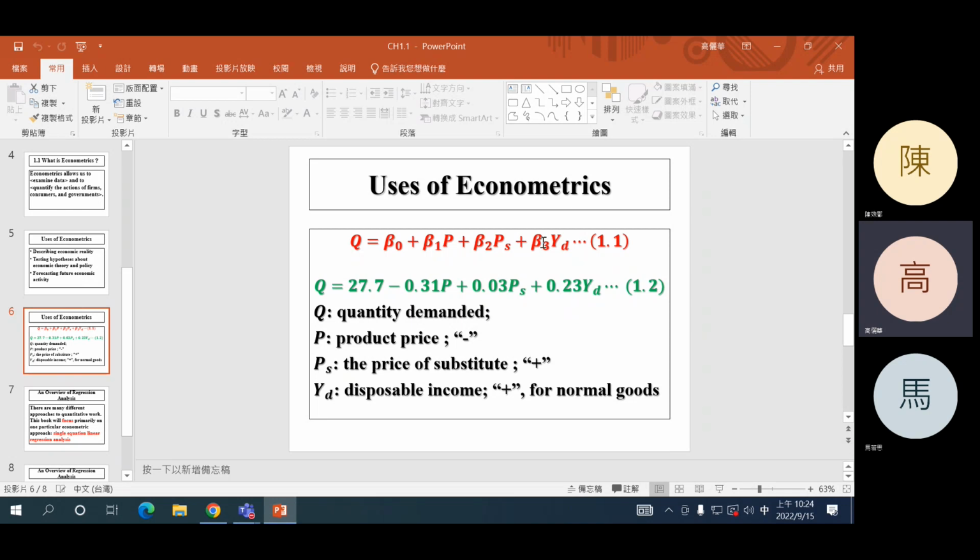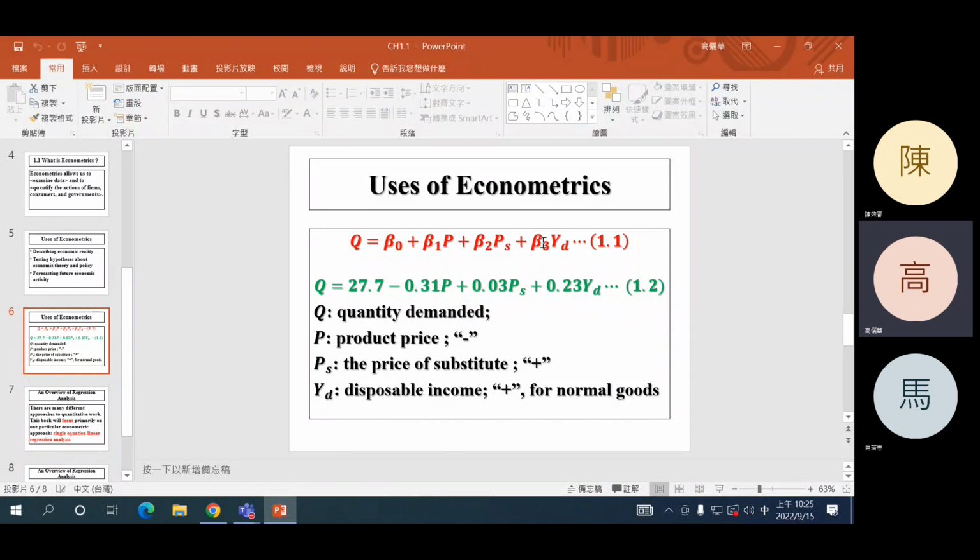In order to know the reality, we can collect the data. We can collect the data from Apple. They do provide the number of iPhones, and they know the price, and we can choose one of the substitute products' prices and the individual's income.